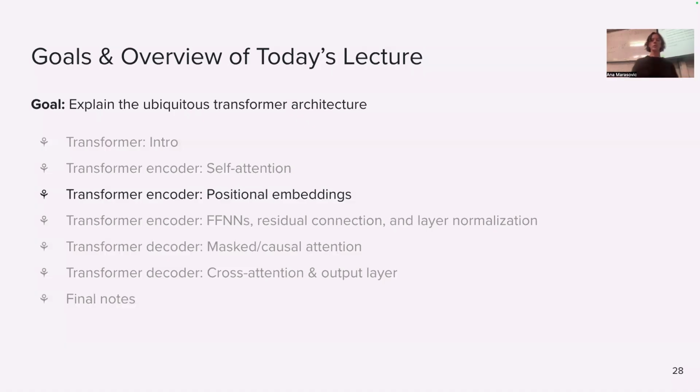Now we are going to start going, remember how I started with, like, we have encoder, decoder. Encoder is a set of encoder blocks. And then I said each encoder block consists of self-attention plus this feed-forward neural network, basically. So now we are going to start from the beginning, from input to the transformer.